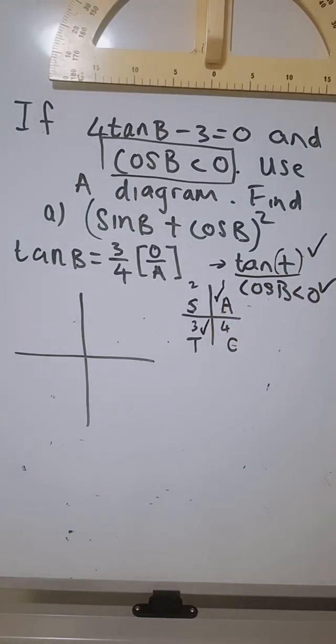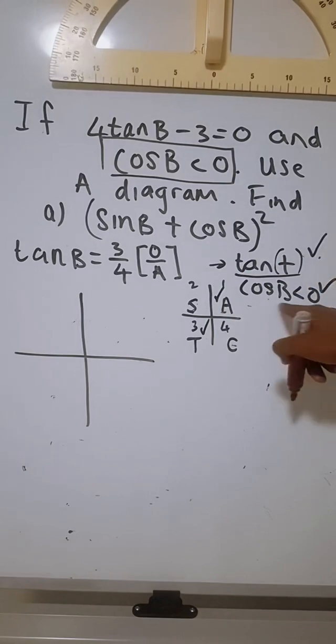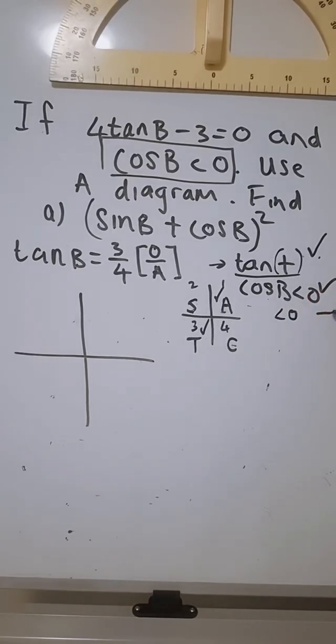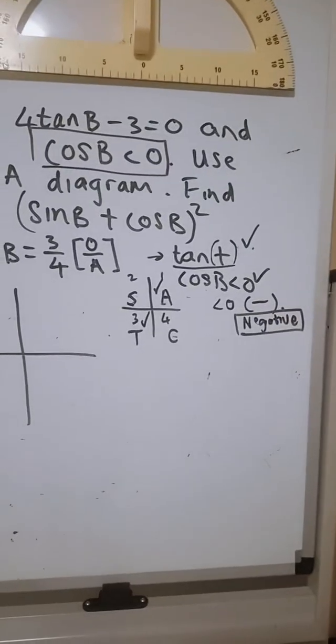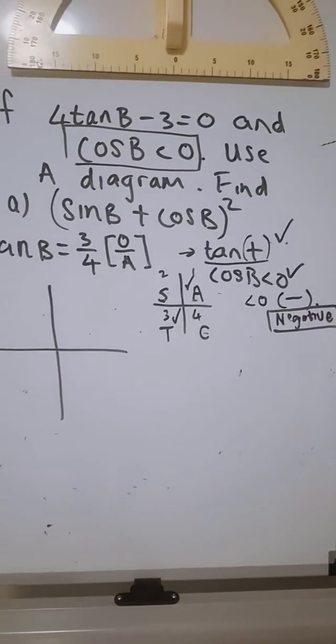Okay, we are done with these ticks. Then we go to this. Cos B is less than 0. What does this mean? If something is less than 0, we mean that it is negative.